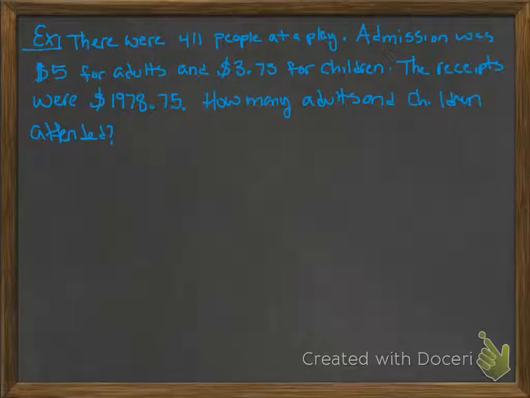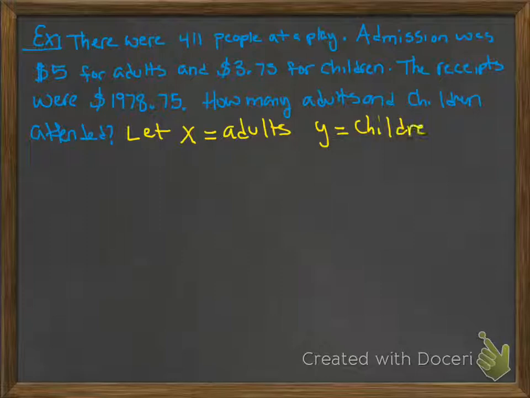Alright, so for this one we can kind of set up a couple different equations. My first is I'm going to write my let statement. Let x equal adults, y equal children. Alright, so let's write an equation. X plus y must equal 411 people.